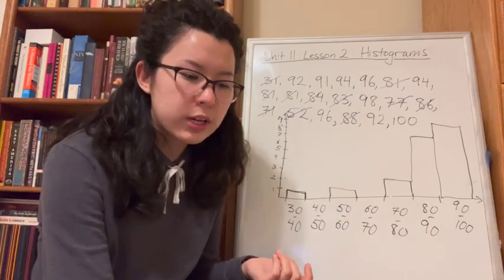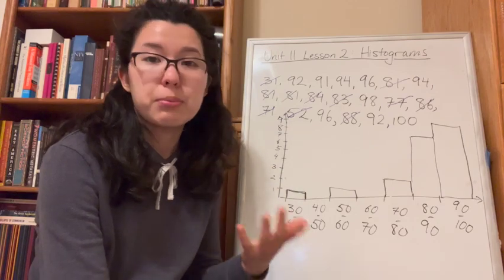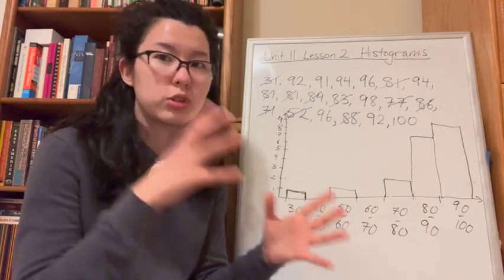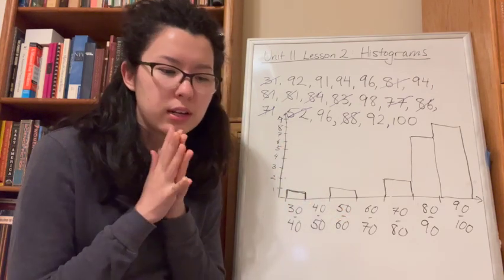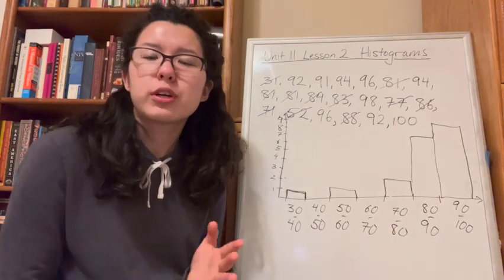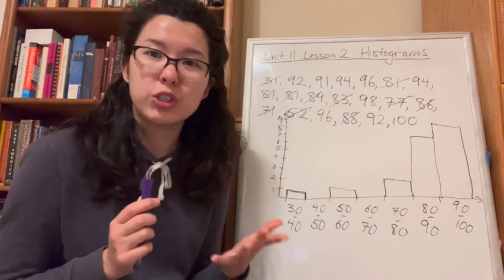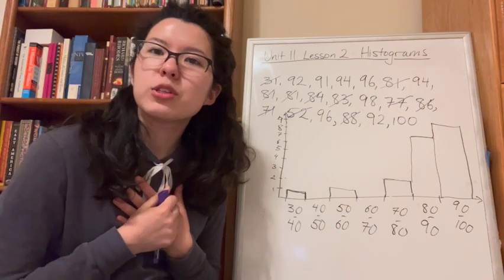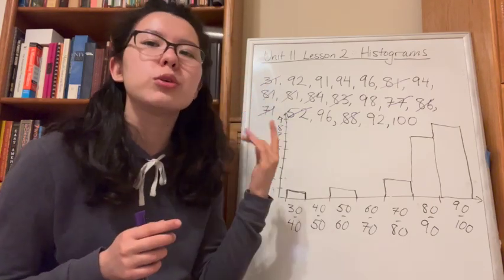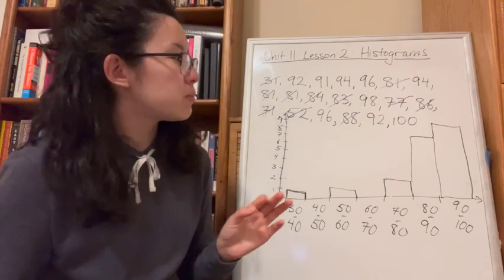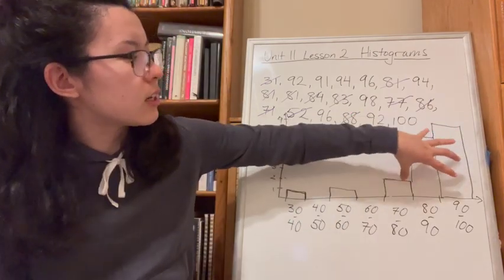Histograms are really good at representing the shape of data. They really show you the skew of the data, they show you the center of the data. And so they're going to be really good for us when we are considering what kind of measure of average to use. Personally, if I were going to use one of our mean, median, or mode, I would choose median for this one, just because there's a huge chunk of the data over here.